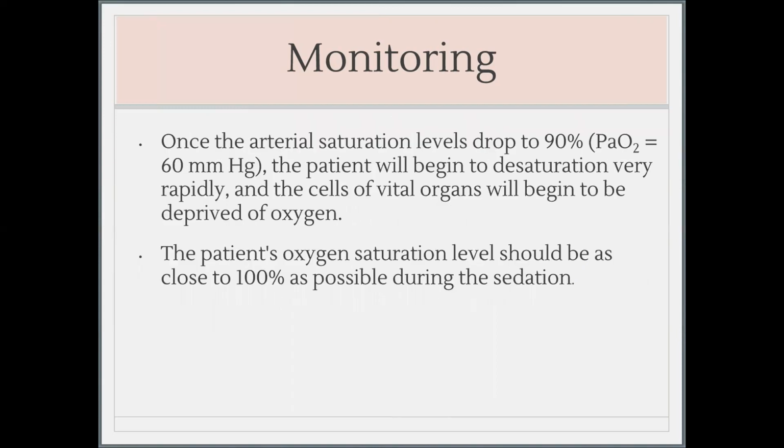Once the arterial saturation drops to 90%, the patient will begin to desaturate very rapidly. The cells of vital organs will begin to be deprived of oxygen, and the patient's oxygen saturation level should be as close to 100% as possible during the sedation process.